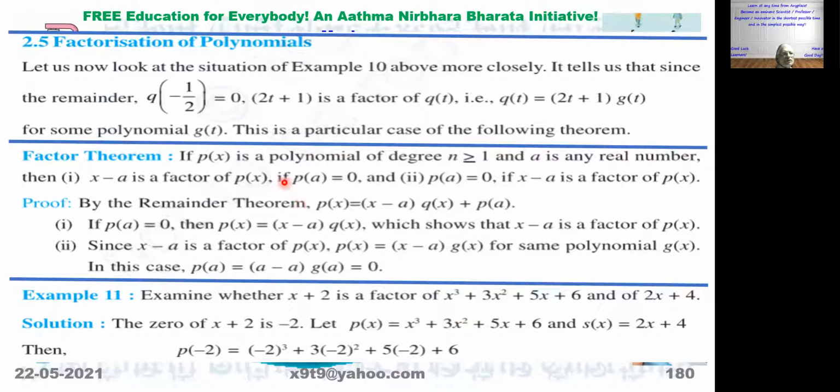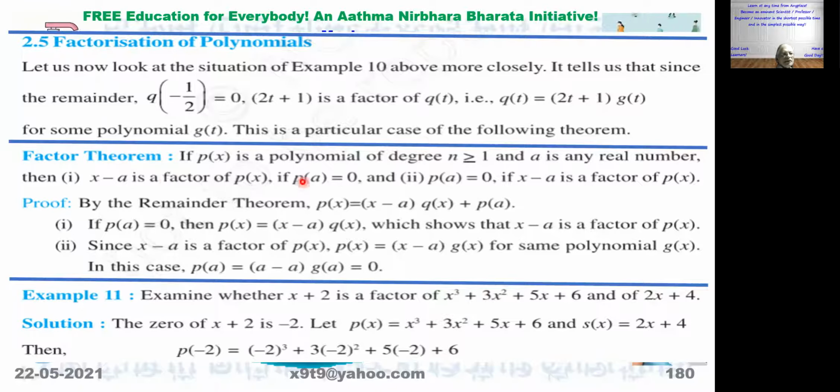So, which is what is written here. If P(x) is a polynomial of degree n greater than or equal to 1 and a is any real number, then x minus a is a factor of P(x). That is one statement. Here it is stated in a different way.